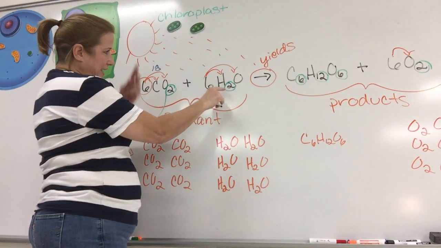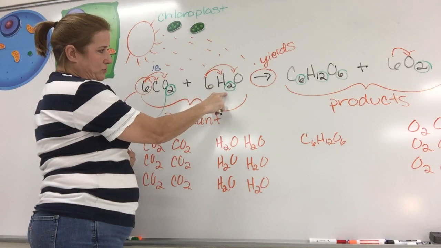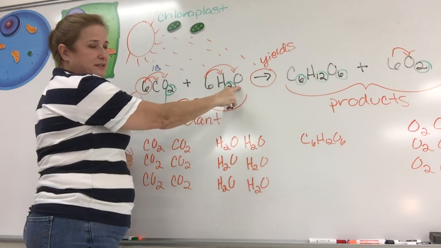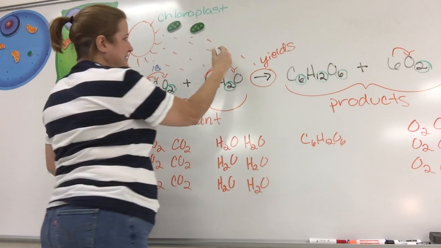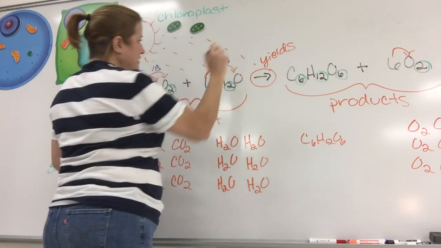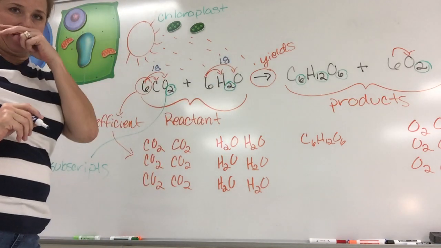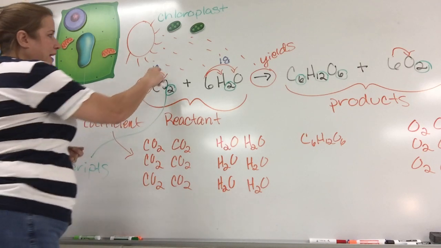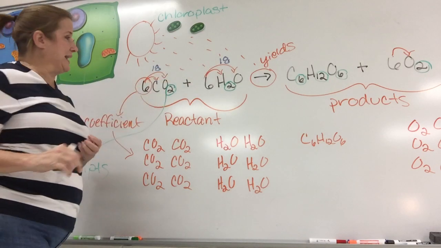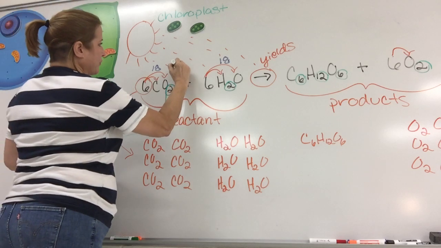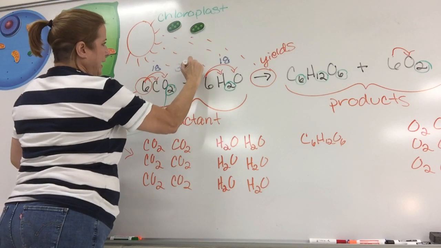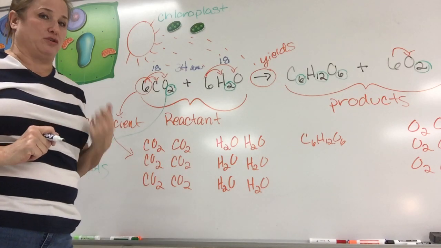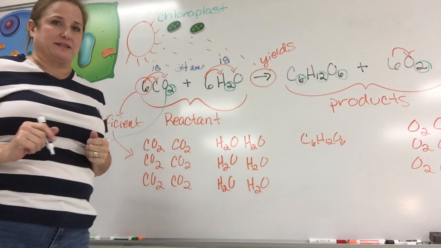If I multiply this one in, 6 times 2 is 12, and 6 times 1 is 6. So 12 plus 6 is 18. This one also has 18 atoms in it. So that means on the reactant side, I have 18 plus 18 atoms, which is 34 AMU, 34 atomic mass units on the reactant side.